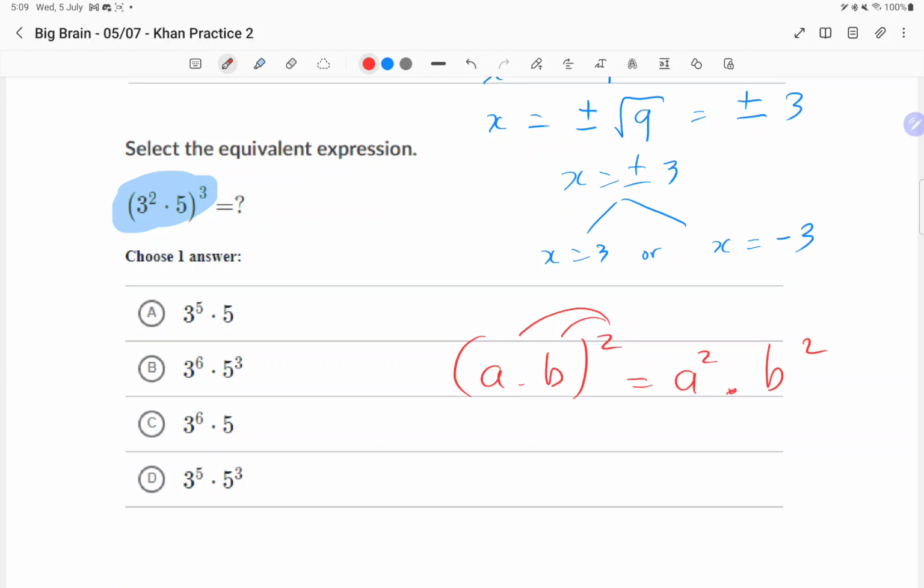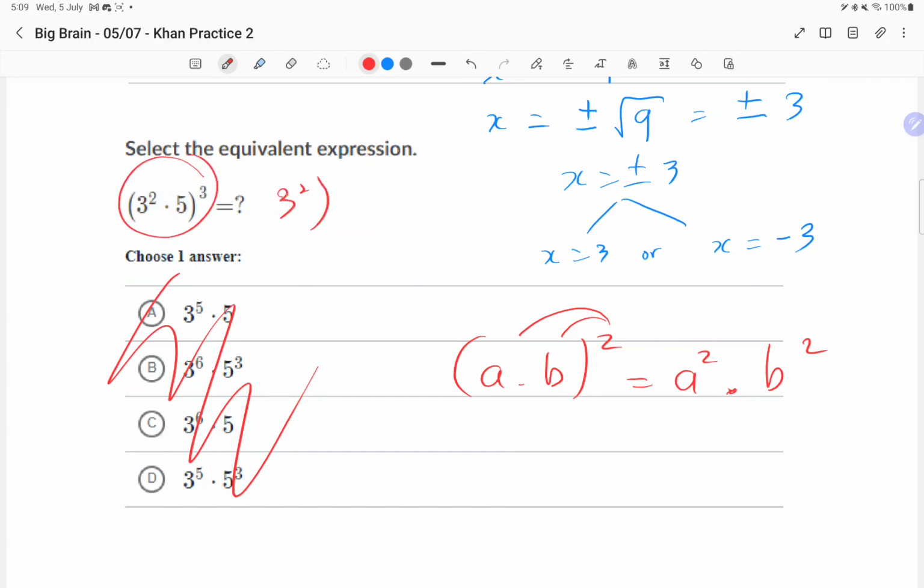Which means this will be equal to 3 squared, everything to the power 3, times 5 cubed, right? Now, what is 3 squared, everything to the power 3? 3 to the power 6.